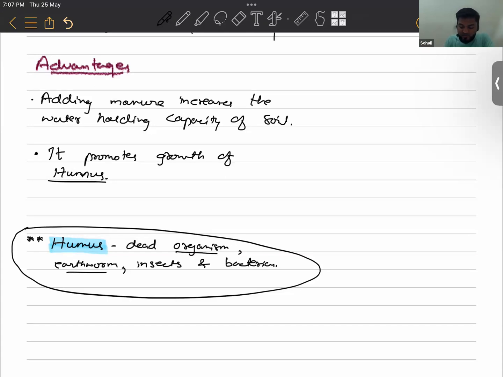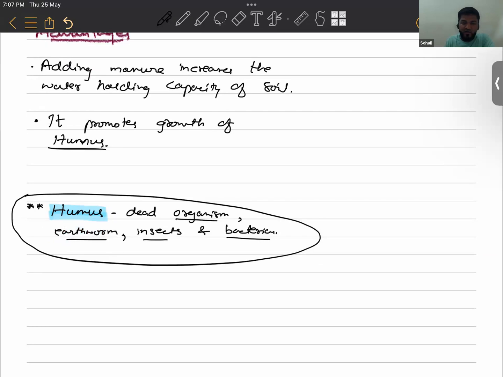There might be earthworms, insects, or bacteria also. These are the components found generally in soil that has some moisture content, not in dry soil, because no life is found in dry soil. So humus is basically made up of dead organisms, earthworms, insects, and bacteria, and it is known for increasing fertility of the soil.